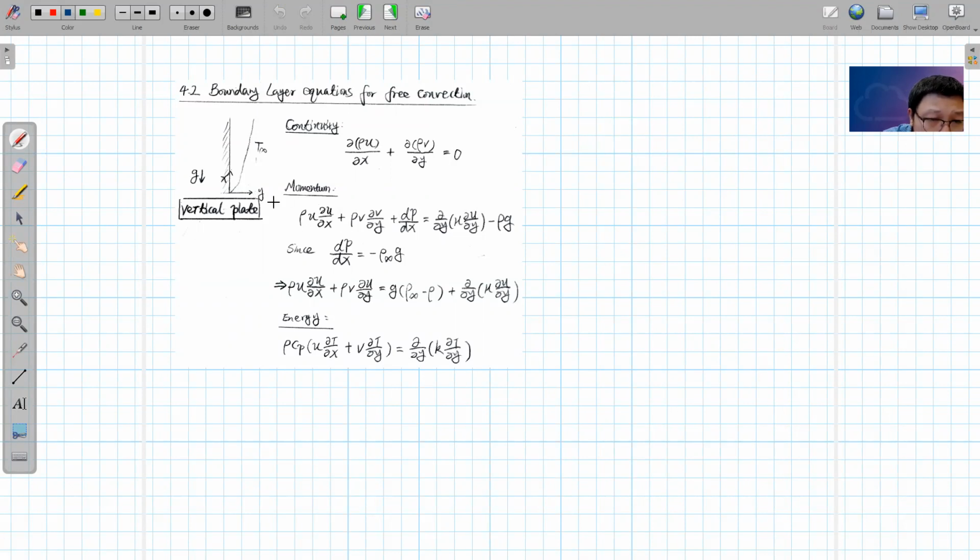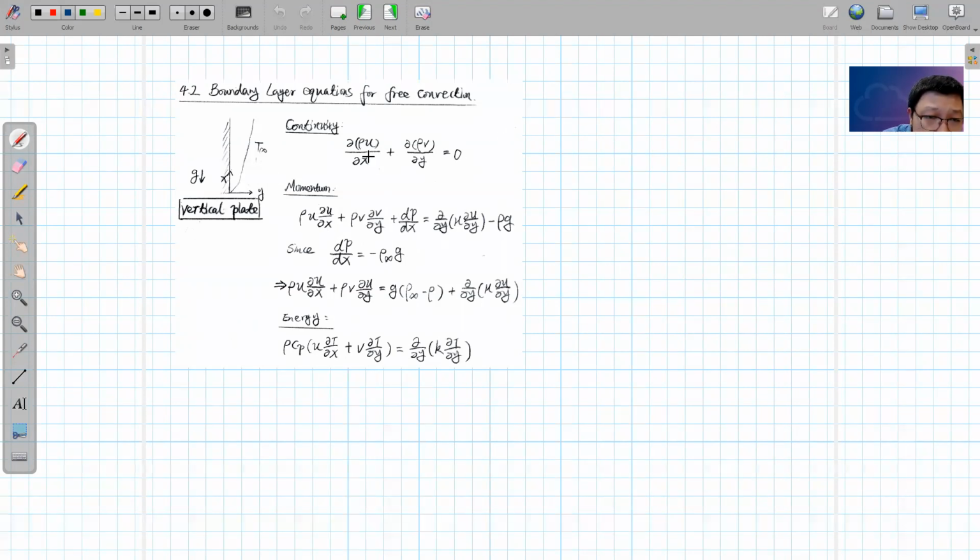One thing you need to know is that the textbook uses the y direction along the plate and the x direction perpendicular to the plate. I didn't use the same notation as the textbook here. So if you check the textbook, the x and y in my notes are reversed compared to the textbook.